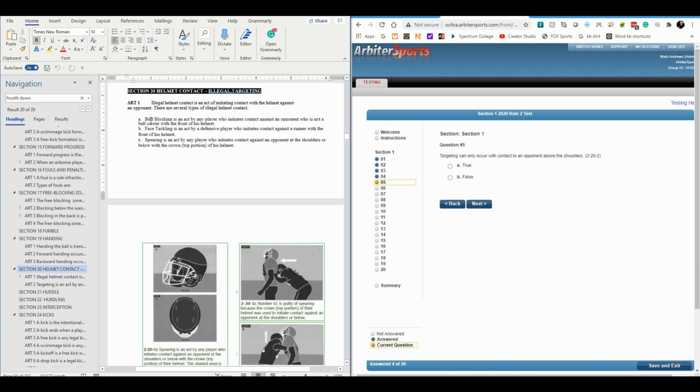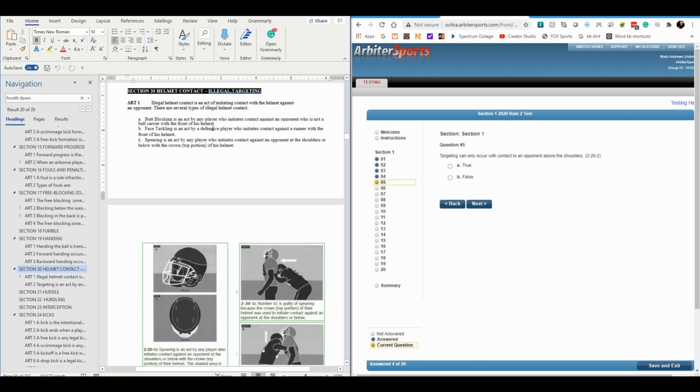Butt blocking is when a player initiates contact against the opponent who's not a ball carrier with the front of his helmet. That usually happens at the line of scrimmage. We don't see it a lot. It's basically a player driving his helmet into the chest of another player. Face tackling is an act by a defensive player who initiates contact against a runner with the front of his helmet.